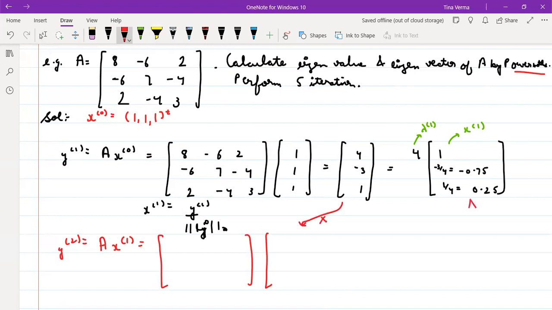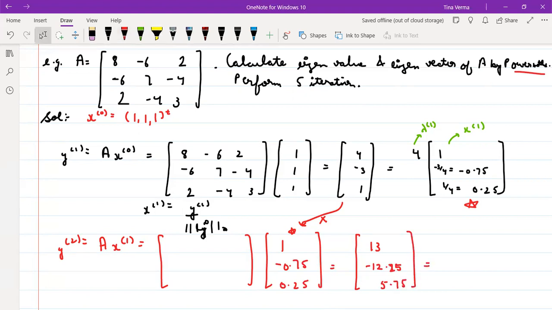You have to take the x1 vector here: [1, -0.75, 0.25], only the vector, not the eigenvalue. When you multiply, you get [13, -12.25, 5.75].